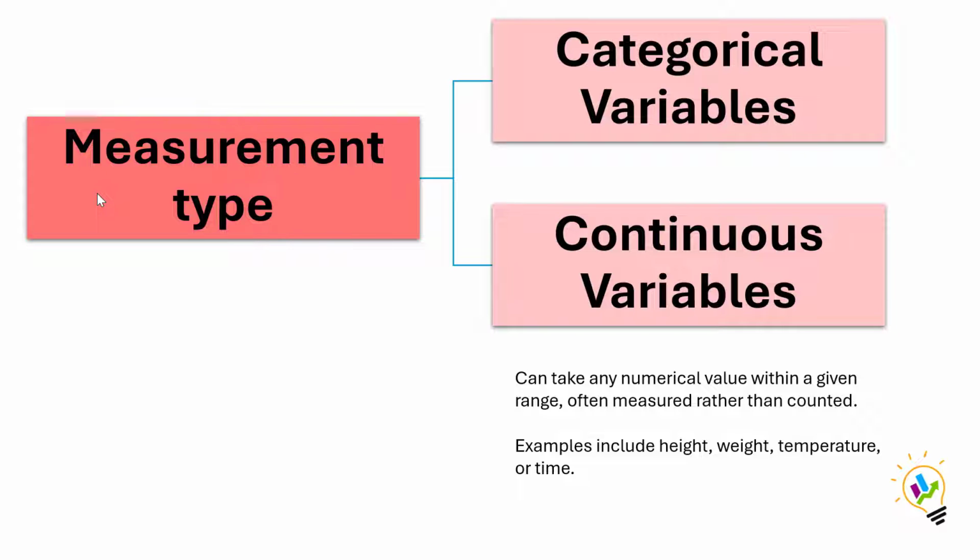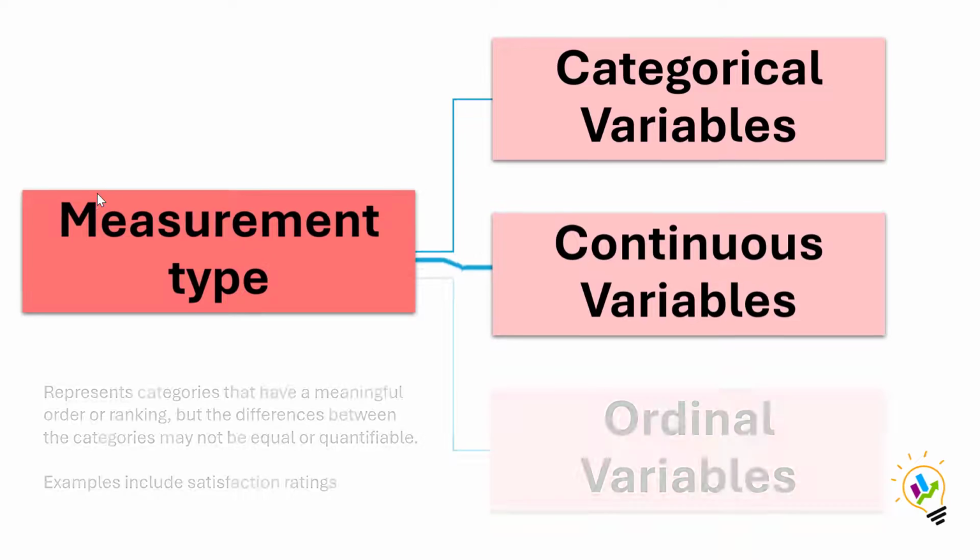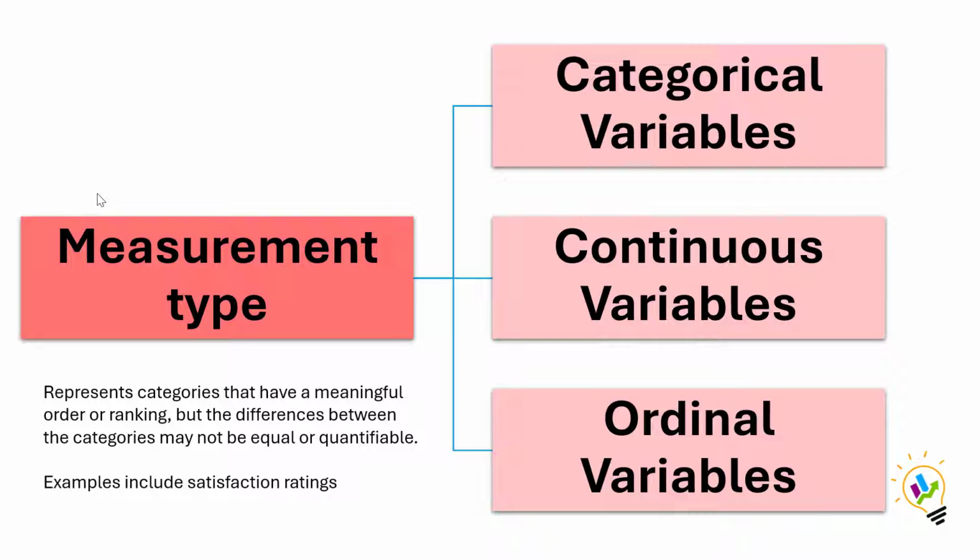These are also called scale variables. The third one is the ordinal variable, like a Likert scale variable, which has a range or order. So measurement types are categorical variables, continuous variables and ordinal variables.